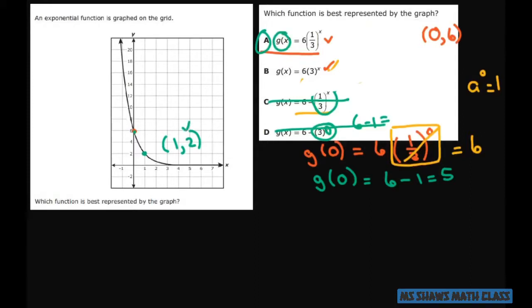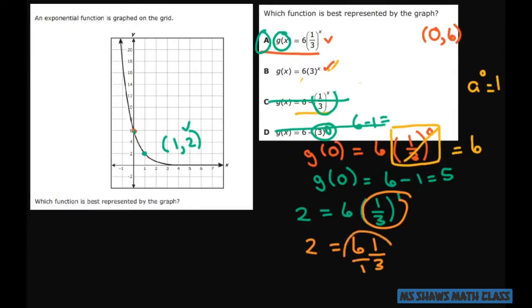That's your y, I'm sorry. So you have 2 equals 6 times 1/3 to the first power. That's going to give you 2 equals 6 times 1/3. Now that equals 2. 3 goes into 6 2 times. So this works.